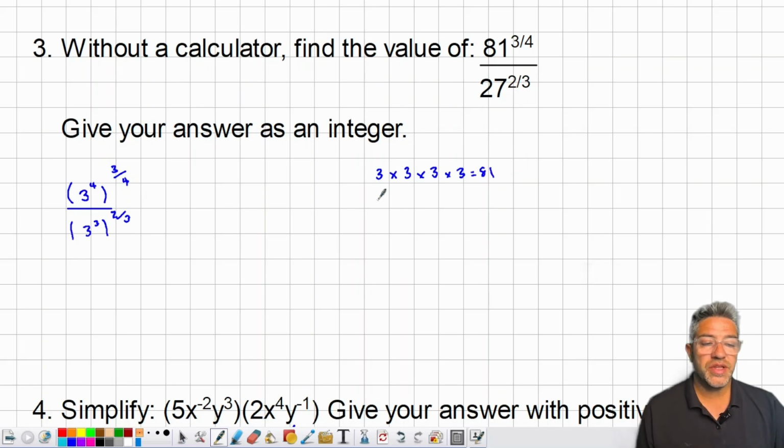And again, I'll just show you that to the side here. 3 times 3 is 9, times 3 is 27. Now, I believe it was in question 1, I said if we have a power to a power, we can multiply the two powers together. 4 times 3 is 12. 12 divided by 4 is 3. So this simplifies nicely to 3 cubed.